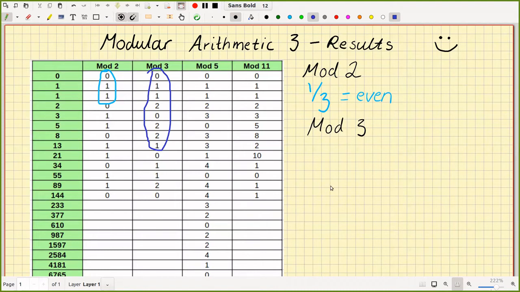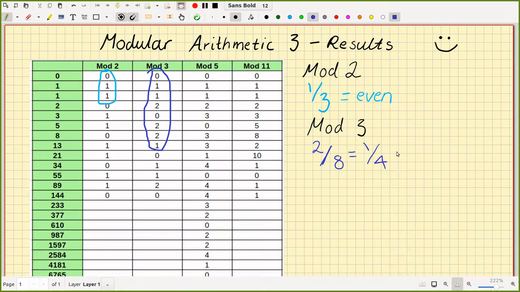And again, that's because if you divide by 3 and your number's a multiple of 3, your remainder is going to be 0. So out of 8 numbers in this pattern, 2 of them are zeros. So 2 out of 8 are zeros, which means that 2 out of 8 are multiples of 3, and 2 out of 8 is the same as a quarter.